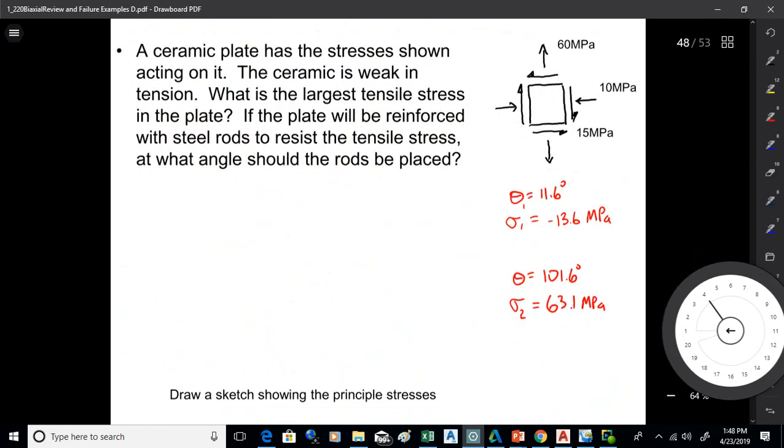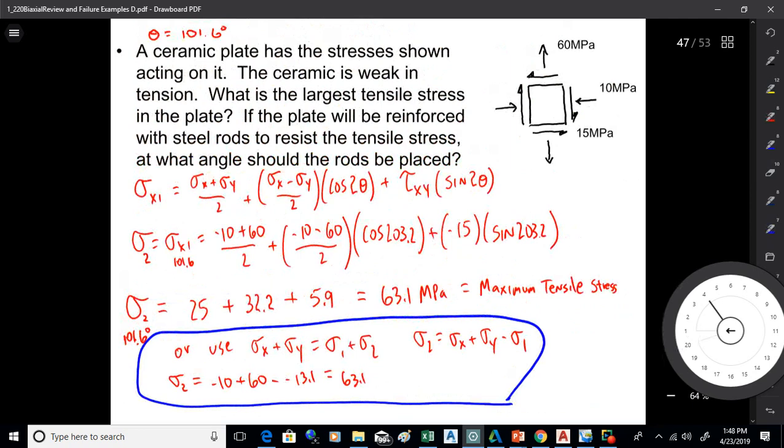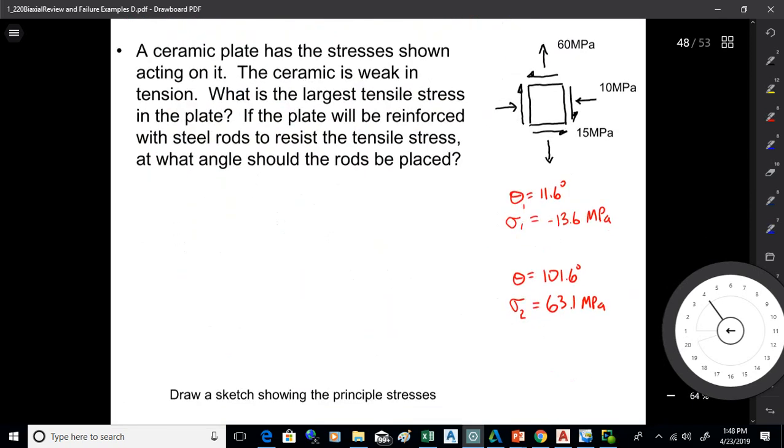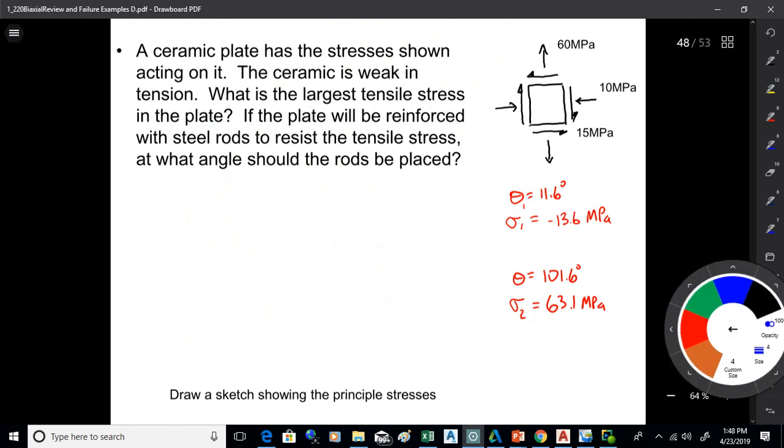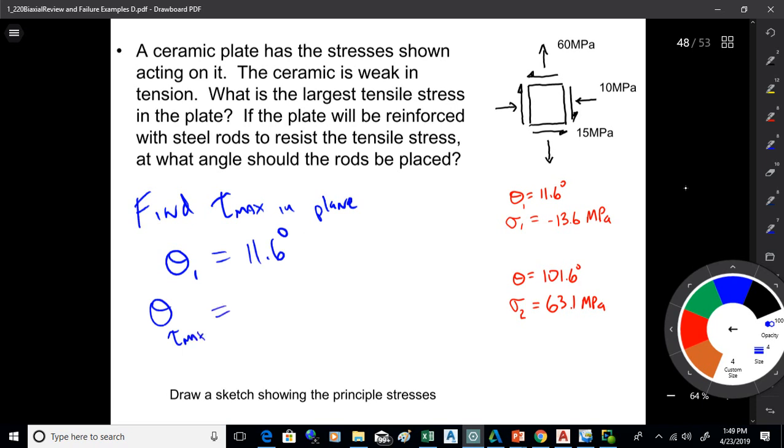Now the other thing with this type of problem, and we didn't do it in this example, but if we needed to find tau max in plane, if the question had been to find tau max, and if we knew that theta 1 was 11.6 degrees, what angle would we use to find theta tau max? 11.6 plus 45, right?